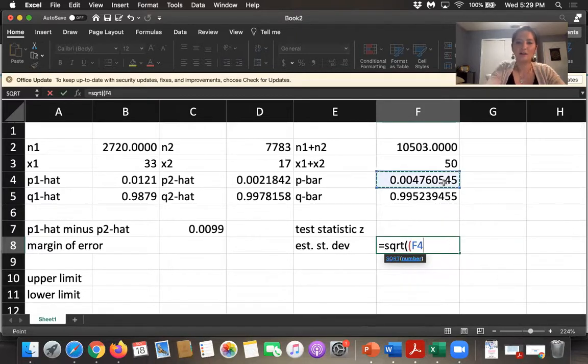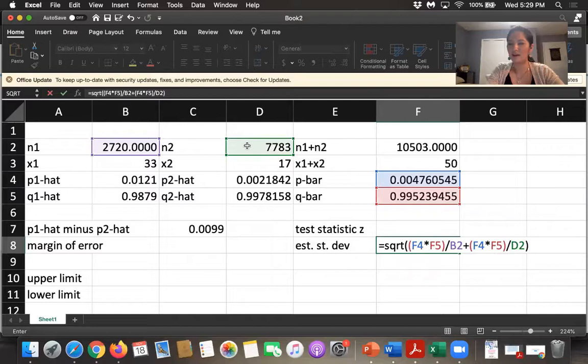So I've got P bar times Q bar divided by N1. Okay, and then the second fraction is P bar times Q bar, close parentheses, divided by N2, close parentheses, and we want the square root of that.